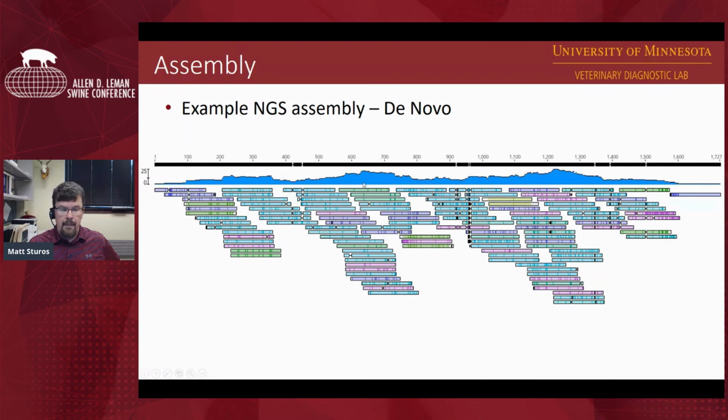You'll notice that the depth is much different. Here on the left is the depth chart. In this 600 to 700 base pair range, we've got almost 25 reads covering those bases. That's much, much better than our 4 with Sanger sequencing. We also have some regions of this contig that have low coverage as well, so you may be a little bit cautious to say whether the base calls here, where you have 2, are real or not.